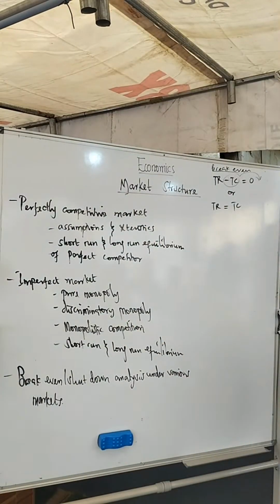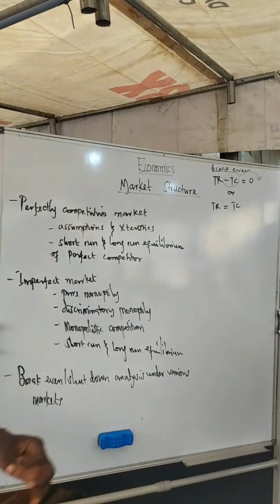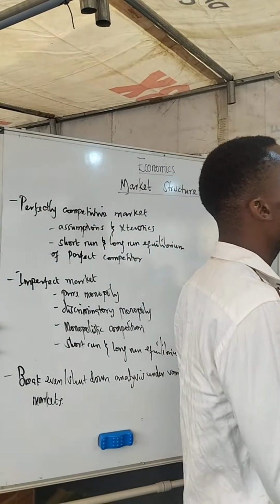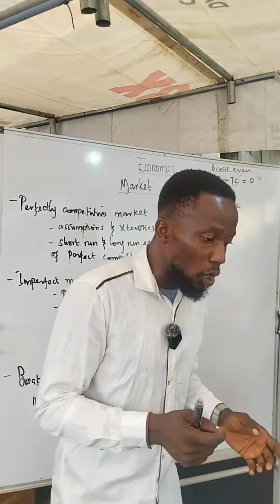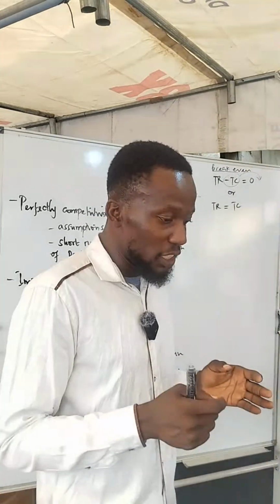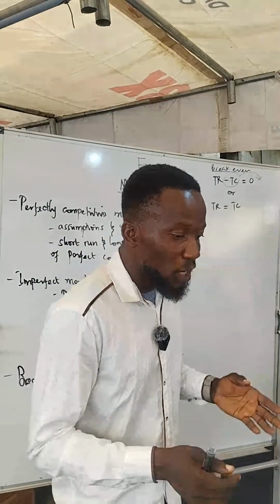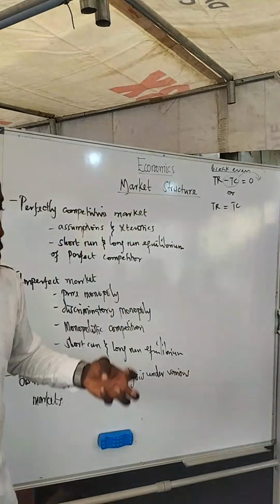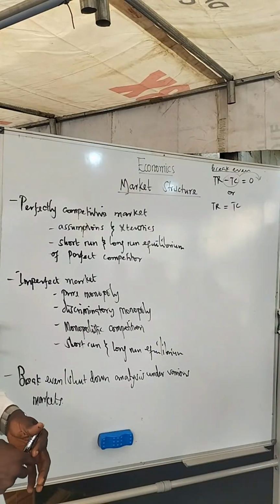That is, those things that must hold before you can say that this is a perfectly competitive market. The next one, they expect you to be able to differentiate between short run and long run equilibrium of a perfectly competitive market.